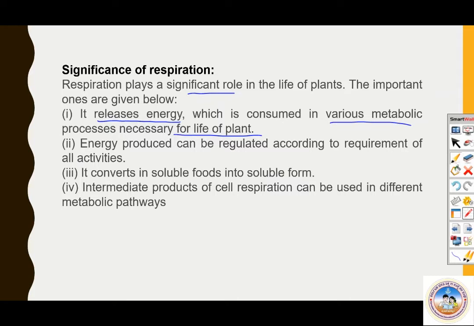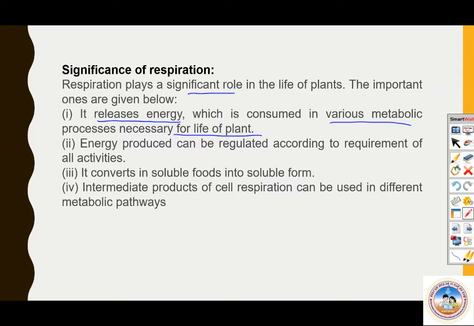Now why is this energy necessary? This energy is used in various metabolic processes. It might be glycolysis, Krebs cycle, and so on. For most of the things you do, you require energy. So in all these things, respiration plays an important role.